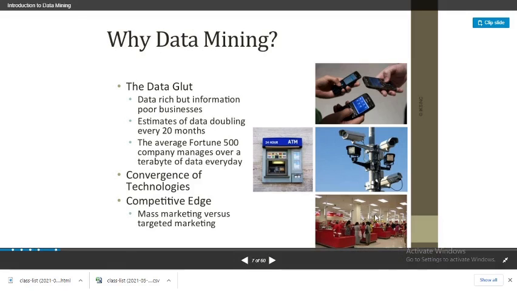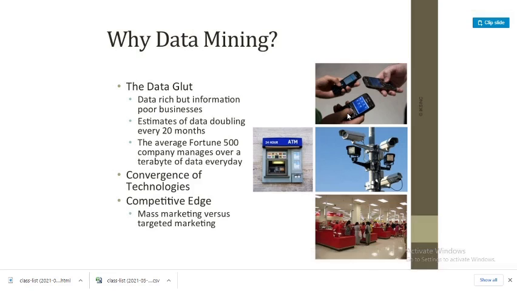They are collecting information from the showrooms, from WhatsApp, from Facebook, from digital media, and from the ATM.